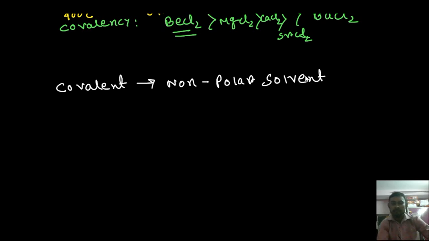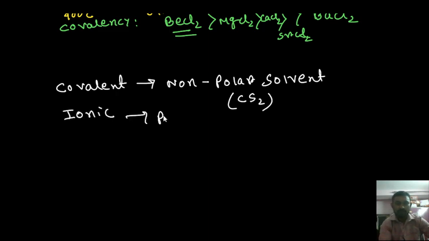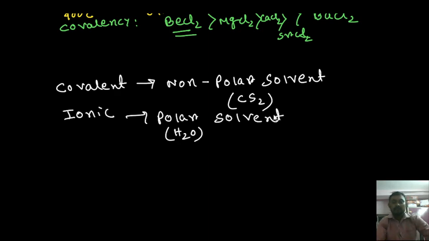For example, a nonpolar solvent is carbon disulfide, CS2, and the ionic compound is generally soluble in polar solvent or polar medium. Polar means water. Water has a definite dipole moment. Ionic bond means a cation and anion, so a definite dipole moment exists. So the polar molecule will prefer to dissolve in the polar solvent. Polar prefers polar, and nonpolar prefers nonpolar. That's why the covalent molecule is generally soluble in the nonpolar solvent.